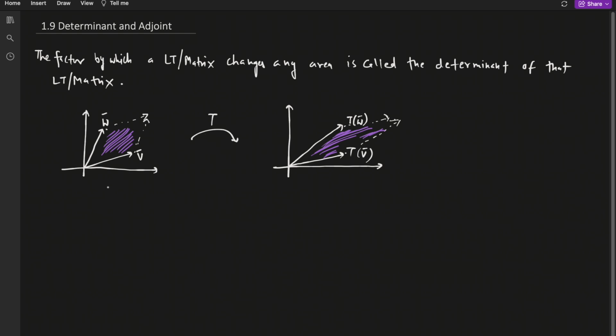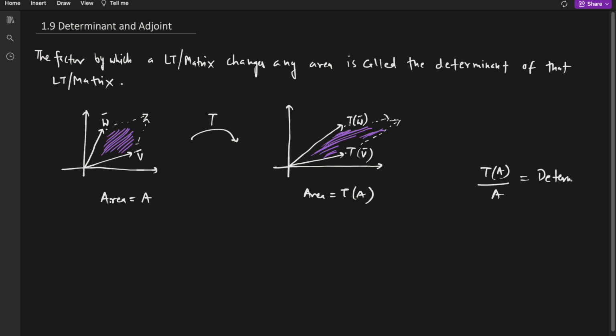Okay, so let us suppose initially the area was A. After the transformation the area is T of A. Then the factor by which the area changes, that is the factor T of A by A, this is nothing but the determinant.